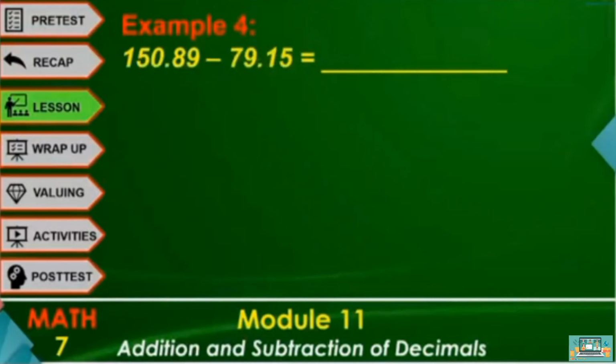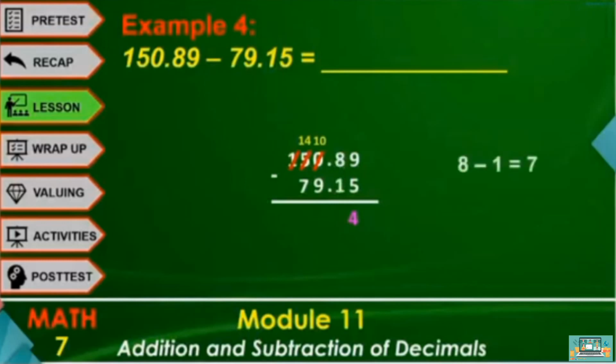How about 150 and 89 hundredths minus 79 and 15 hundredths? The answer is 71 and 74 hundredths.